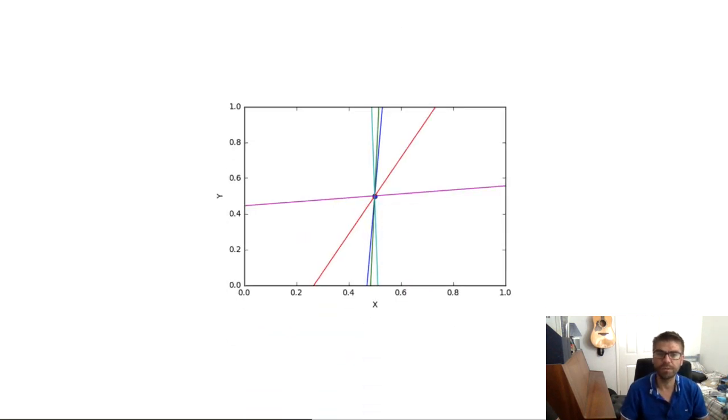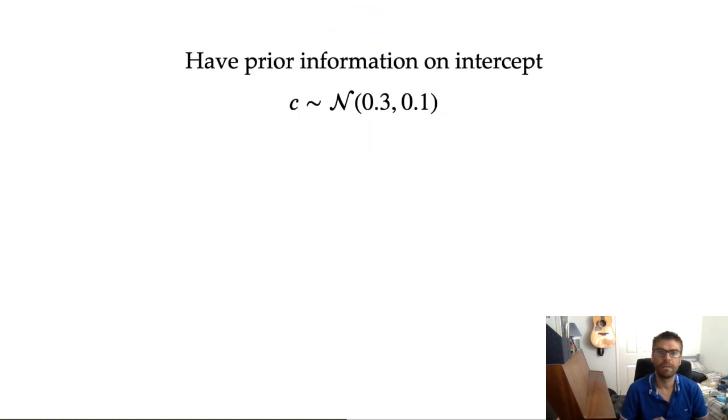So with no prior information, the allowed lines have to go through that point, but can have any intercept and any slope. However, if we start introducing prior information, so here we'll introduce it on the intercept, and we'll say that we think the intercept, or know the intercept, has to have a value of around 0.3, but that we have a slight uncertainty in that value, which we can quantify with the standard deviation of 0.1.